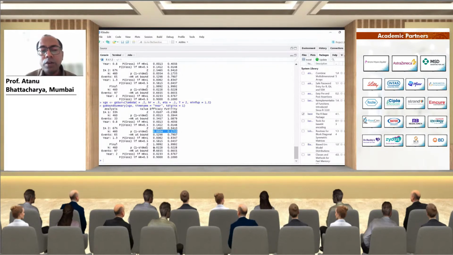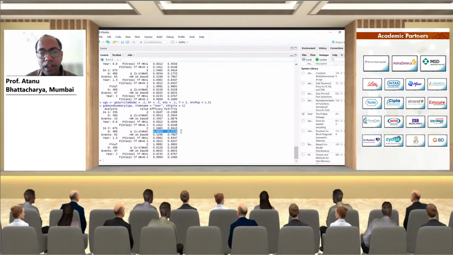And finally, rely on the result, 0.02 to 0.02. Here the lower and upper boundaries are below 0.05. But before that, for the first and second interim analyses, the boundary values are 0.0013 to 0.59 and 0.0054 to 0.17.